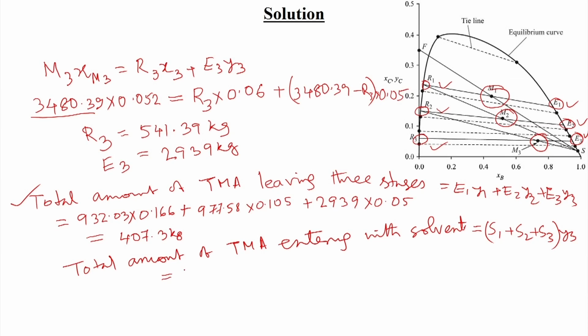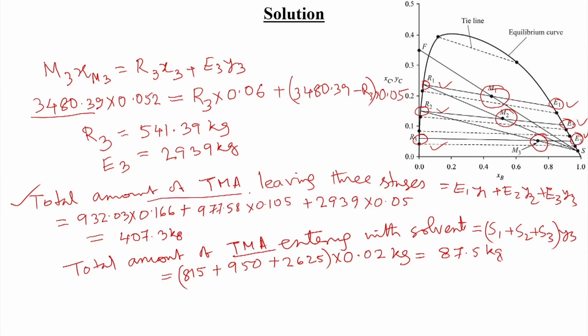These are given in the problem: S1 is 815, S2 is 950 and S3 is 2625 kg, and the concentration of the solute in the extracting solvent is 2%, so 0.02. This small amount, 87.5 kg of trimethylamine, has entered. But we have seen that a total of 407.3 kg trimethylamine is extracted.